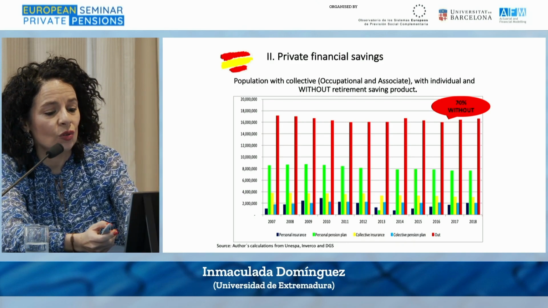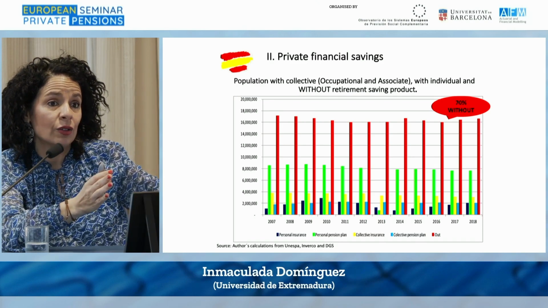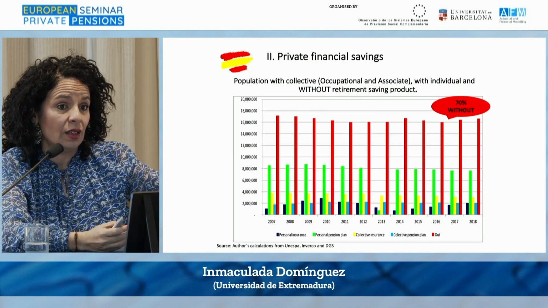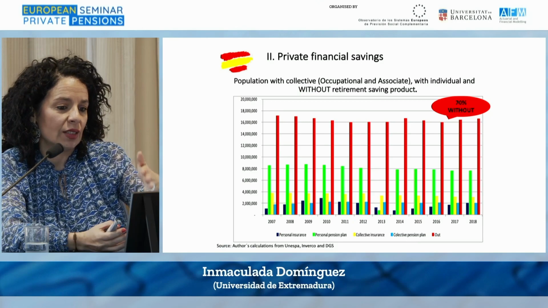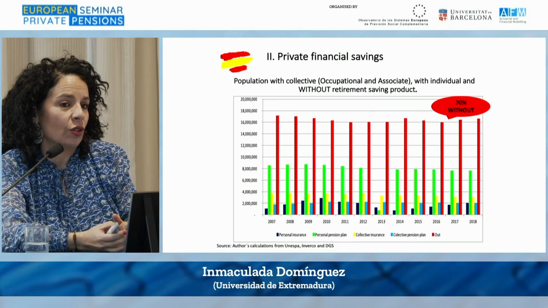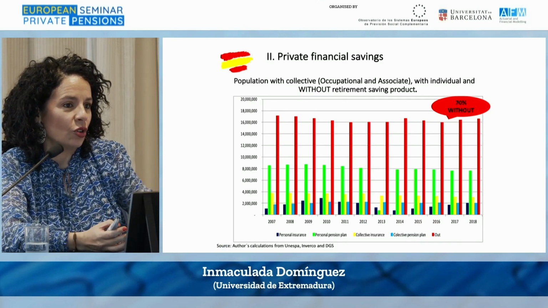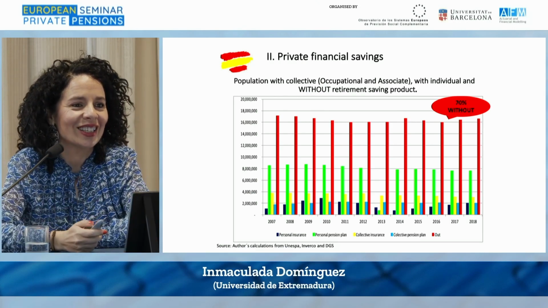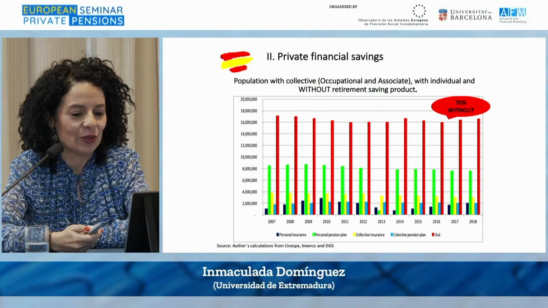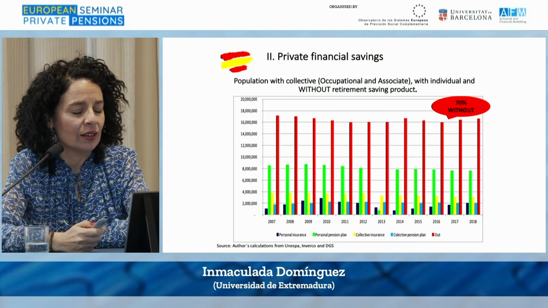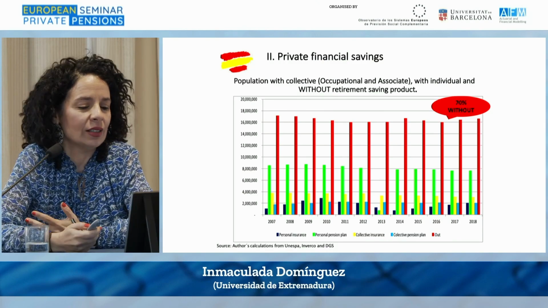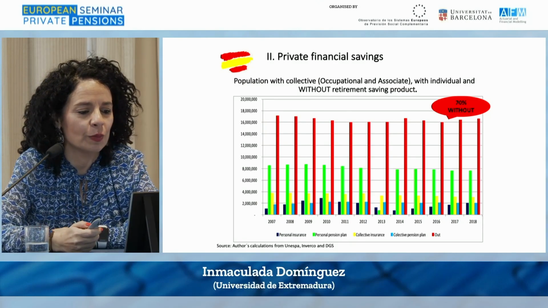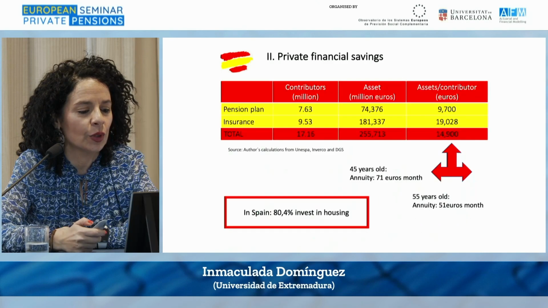I try to show a series of data to appreciate the feeling, not in one year. We finished in our presentation just before COVID, because I want to show what happened when things were normal, not after, because this year is now different. This is the situation of Spain. These people don't have a saving product.